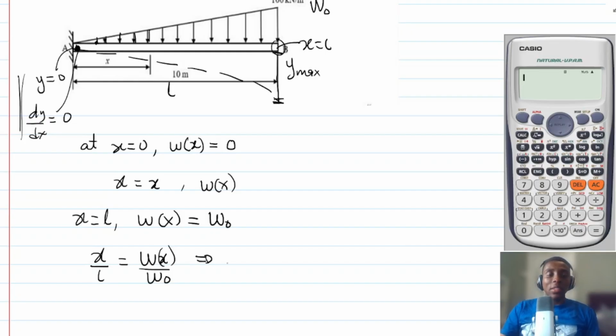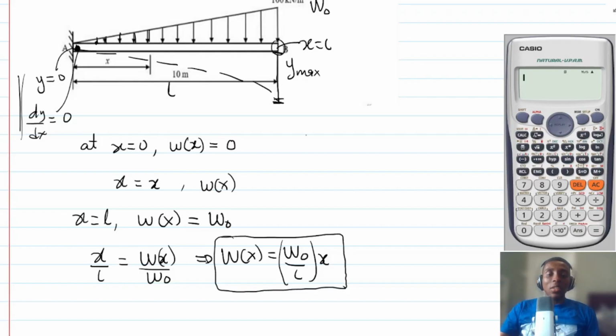In other words, the loading function is nothing but w naught over L multiplied by x. So if you want to find the load at any section, divide the magnitude by the length and then multiply it by that section x. That is the first step. Let's call this equation 1.